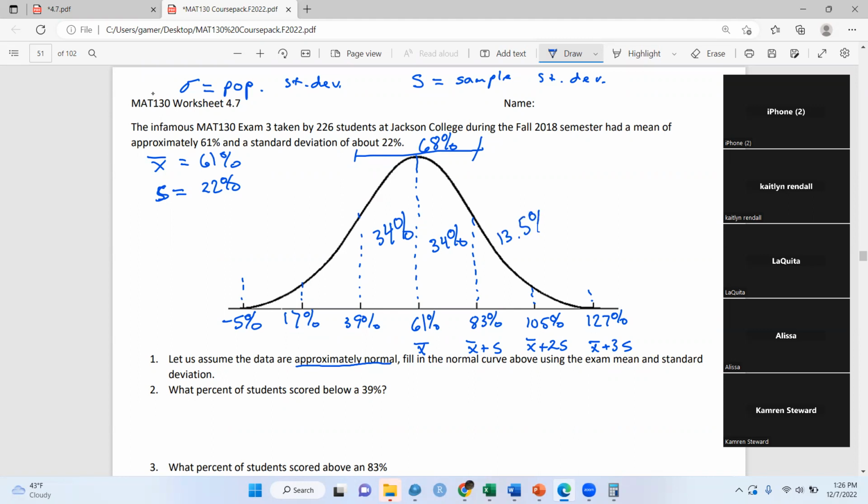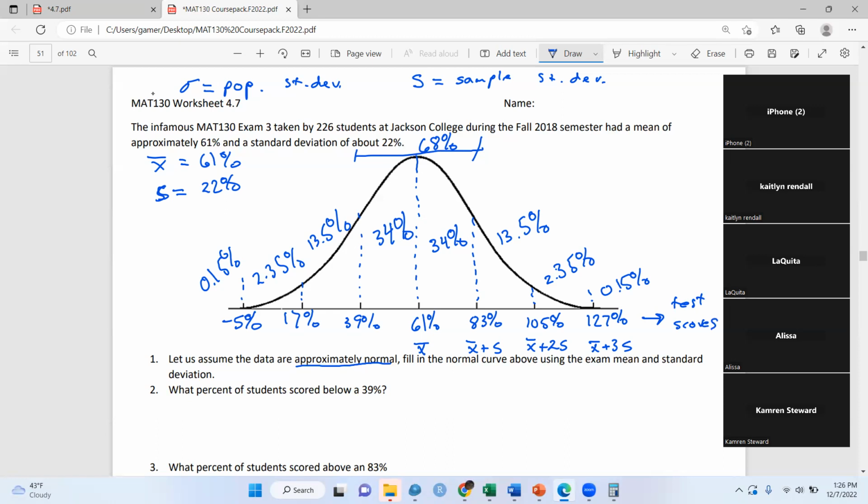And then the next was 13.5% here and 13.5% here, 2.35% here, 2.35% here, and then 0.15% and 0.15%. Remember, these percentages are of the data. Down here, these are the test scores. That's what the x-axis is. Test scores.